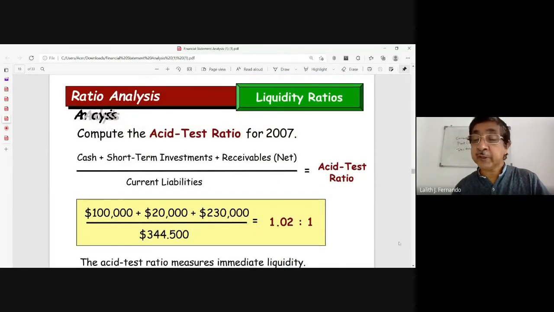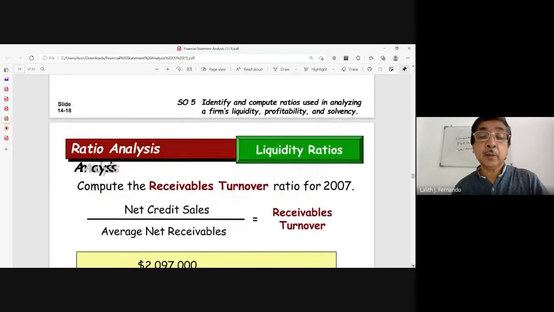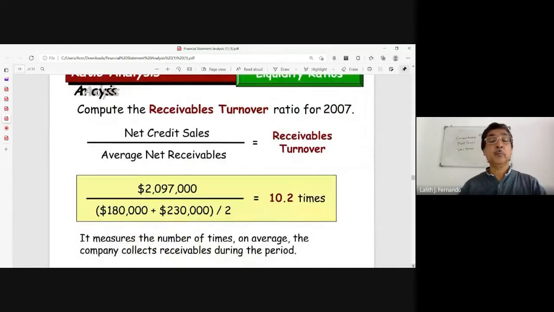Then when you go to the next one, we find receivables turnover. Net credit sales over average net receivables.